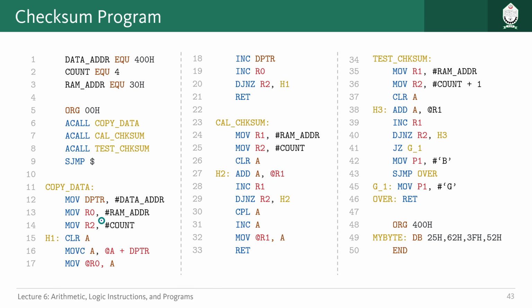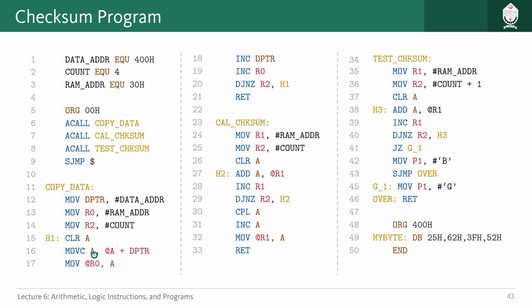Then we are going to load the RAM address onto R0, because we are going to do indirect register addressing, and because we have 4 bytes of data here, we have to do this 4 times to load the data onto RAM. That's why we have given the value 4 onto R2. So this count is basically 4 here, understand?